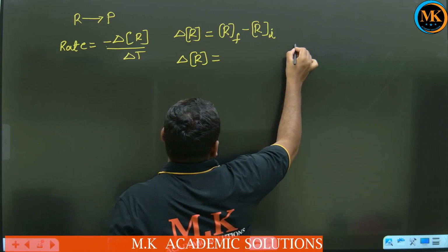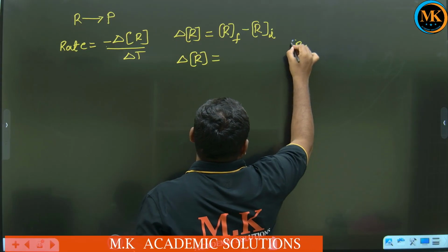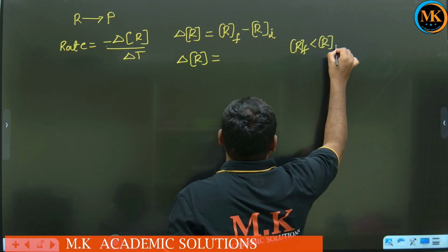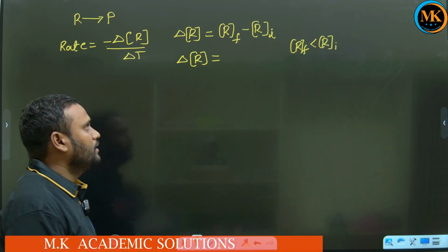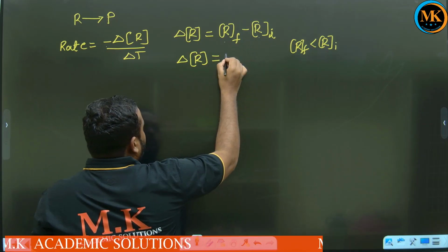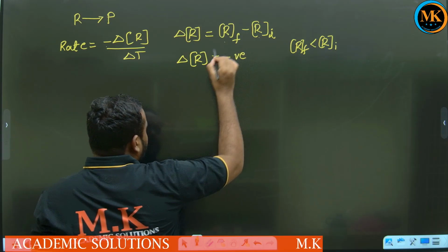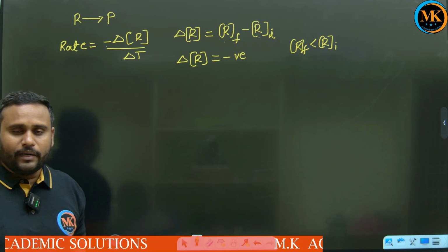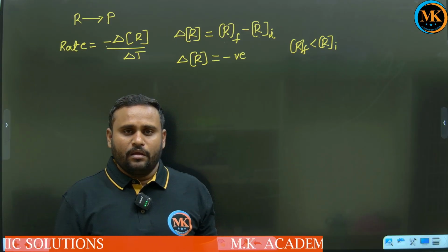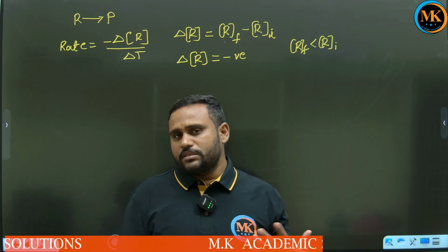Therefore R final is less than R initial, which means less value minus more value, so we get a negative. But rate can never be negative. For example, a bike is going with a certain speed.